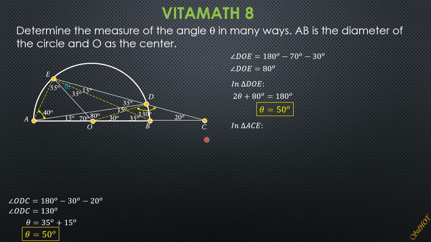So in triangle ACE, the sum of the interior angles is 180 degrees.